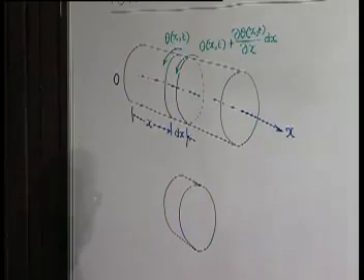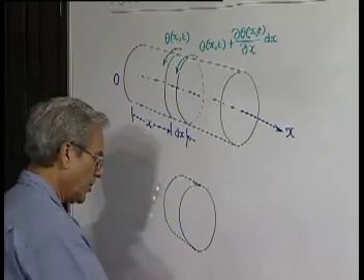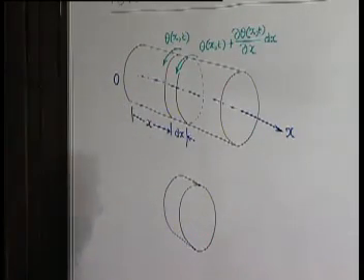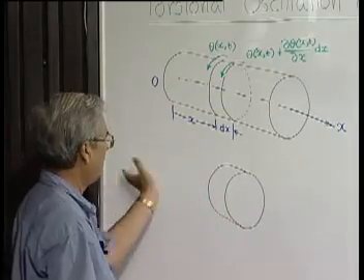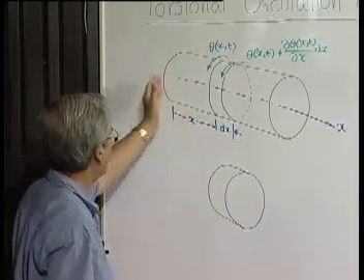This is the element. Now consider the motion of this element and find the equation of motion, which is valid for all such elements at all possible positions.